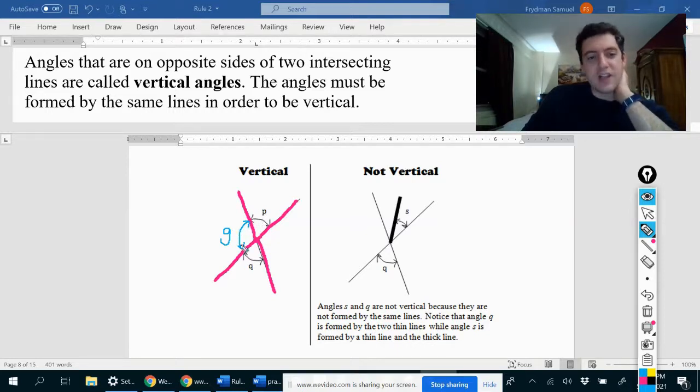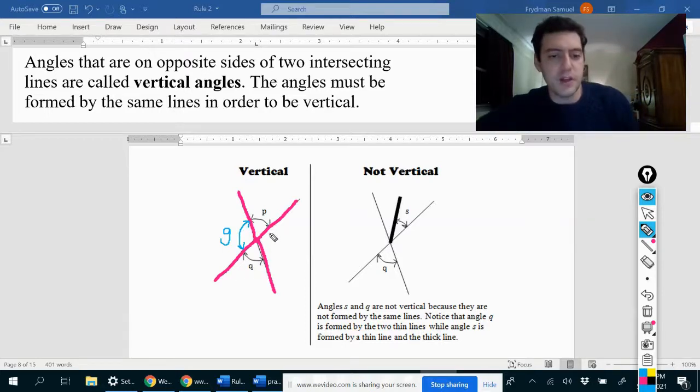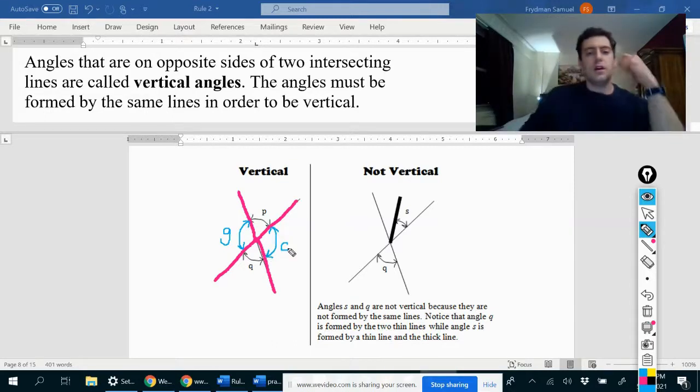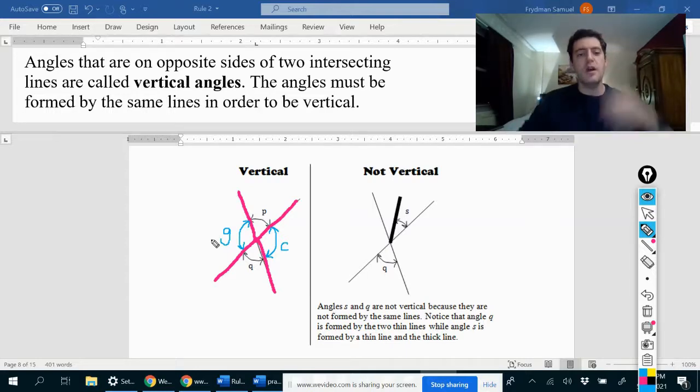Angle G is not vertical to angle Q either. Let's pick another letter, let's say C. G and C would be vertical. P and Q would be vertical, but P and C are not vertical. C and Q are not vertical, and so on. They have to be on opposite sides of those lines.